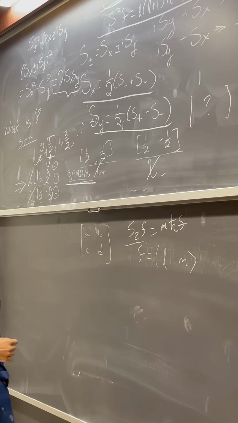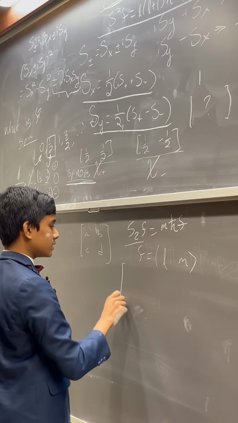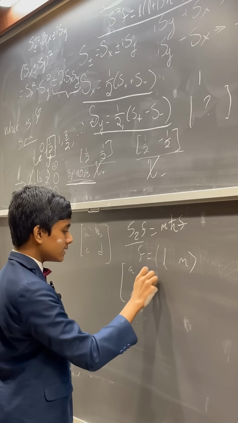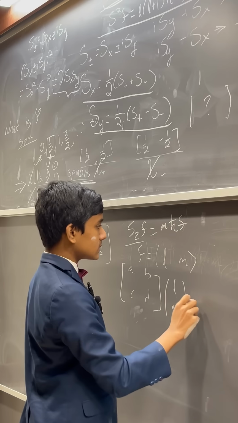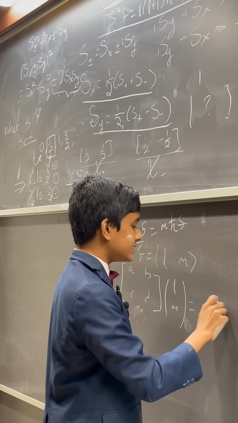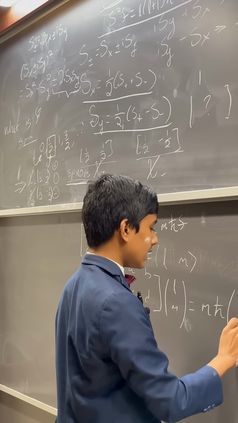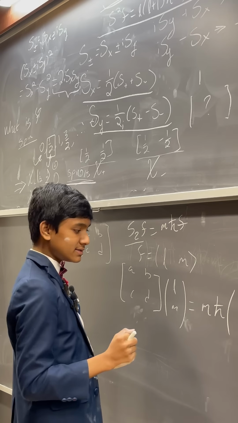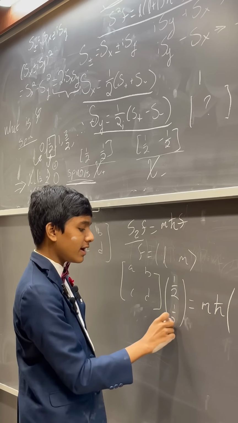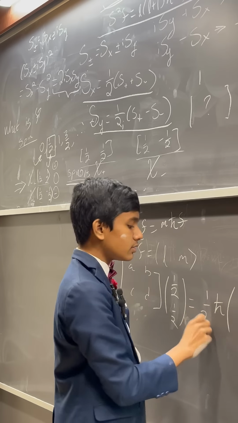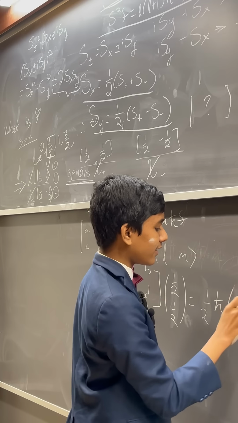Who knows? And that matrix is going to give us A, B, C, D times l m is equal to m h bar l m. And in our case, the l m in question is half, half, and we get returned half h bar, half, half.